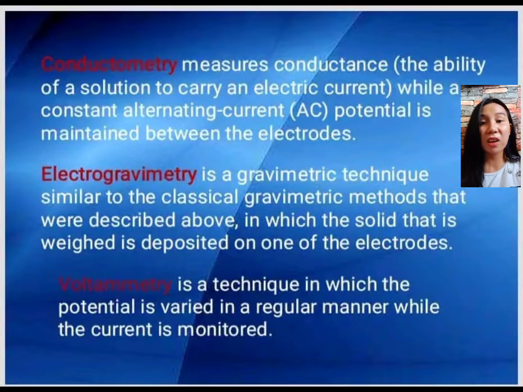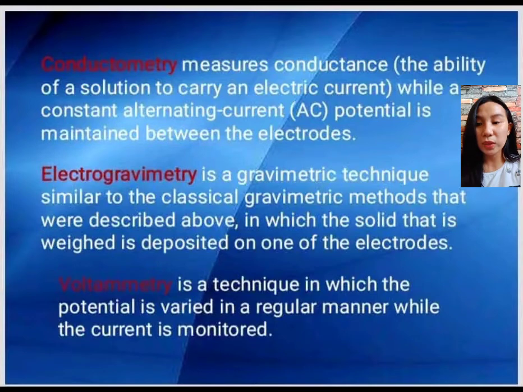Electrogravimetry is a gravimetric technique similar to the classical gravimetric methods, wherein the solid that is weighed is deposited on one of the electrodes. And also, let's talk about voltammetry.